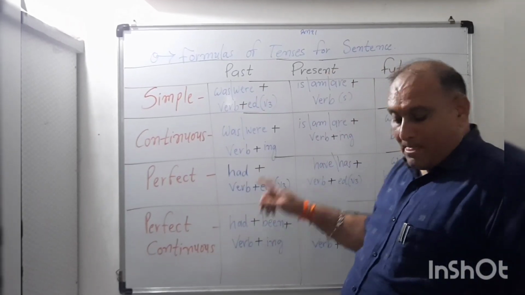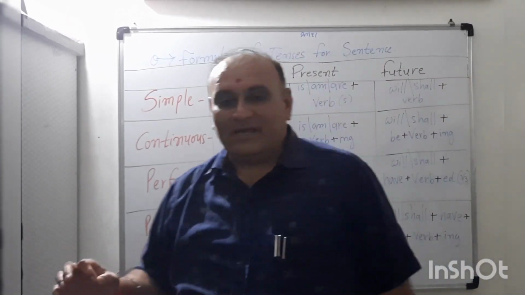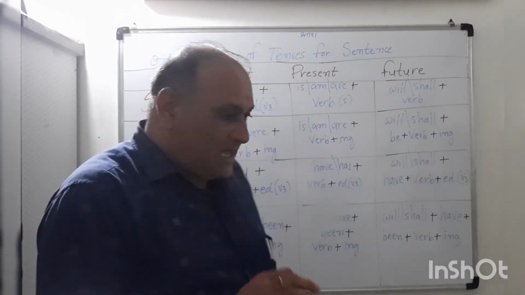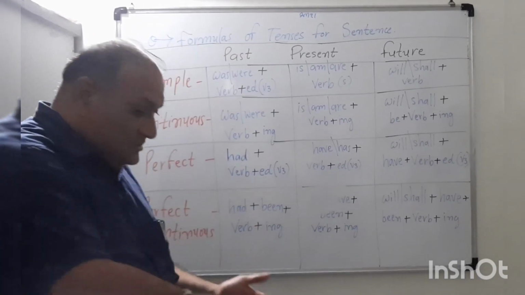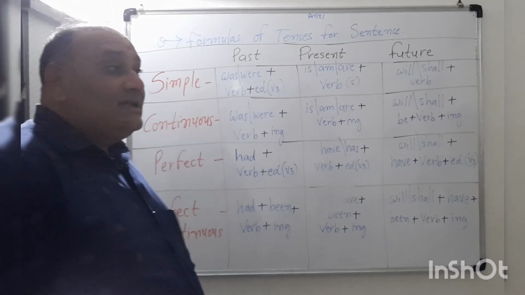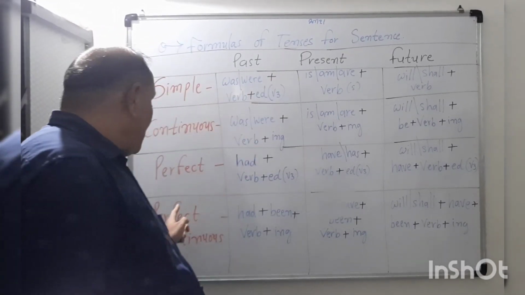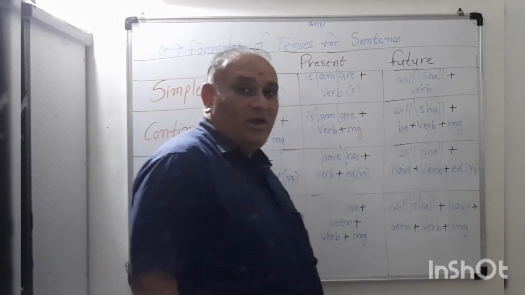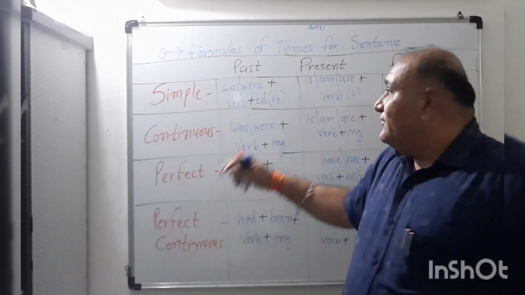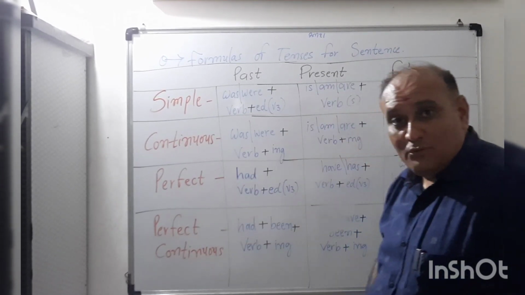Then present perfect continuous tense: in the present something is happening and it has a duration, and we know the settling time, the finish time of the thing, then present perfect continuous tense. In the same way in the future, if the motion will happen in the future.